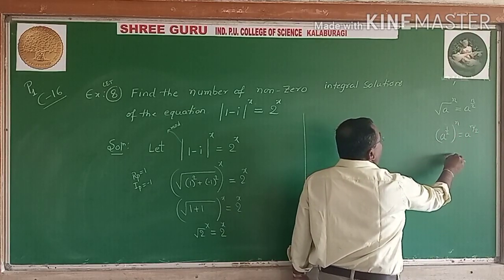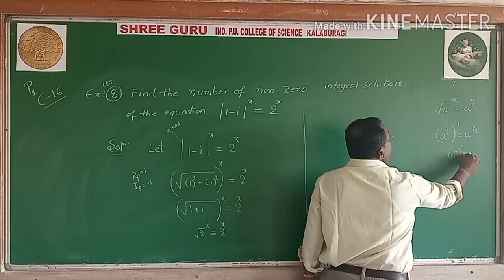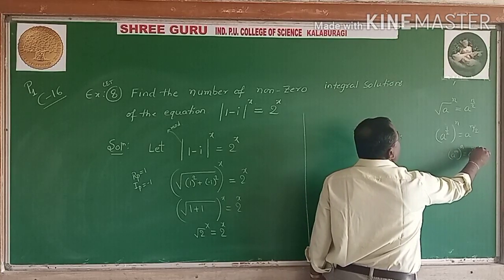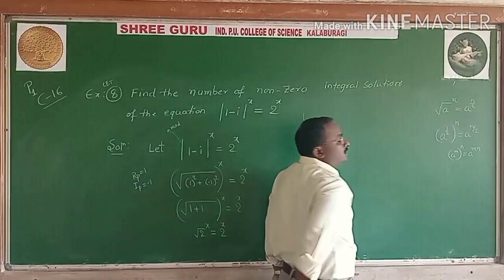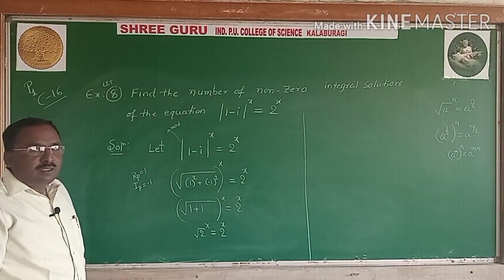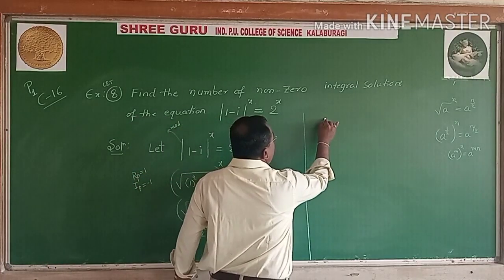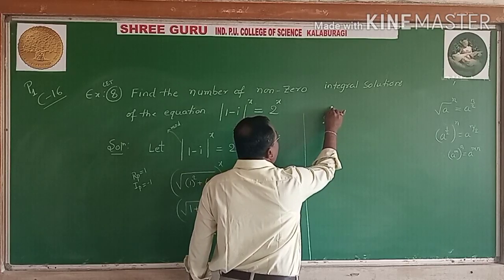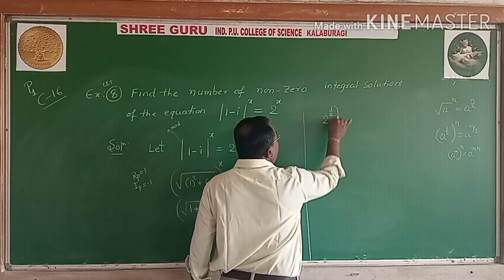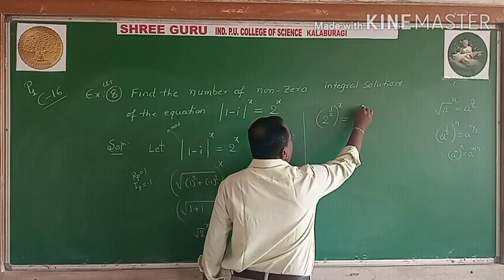By the law of indices, a power m whole power n can be written as a power m into n. So 1 by 2 into n is n by 2. Here root 2 means 2 to the power 1 by 2, whole to the power x, is equal to 2 power x.